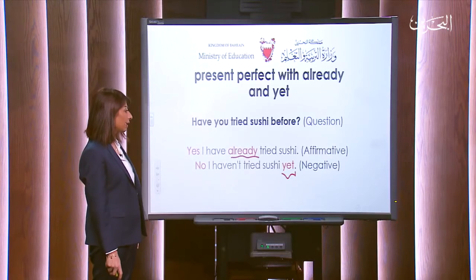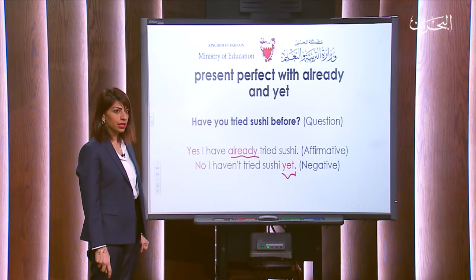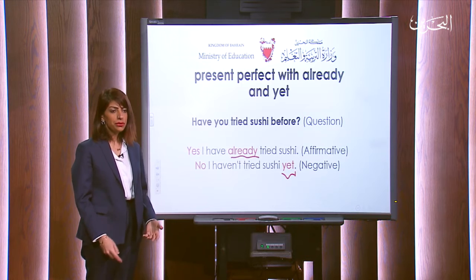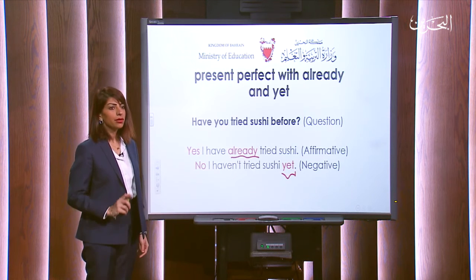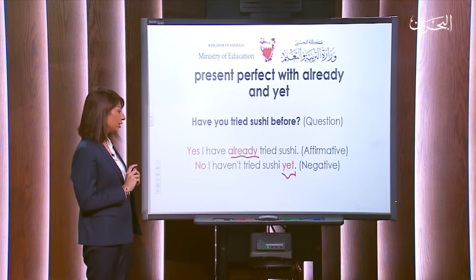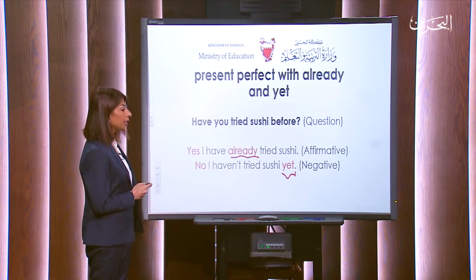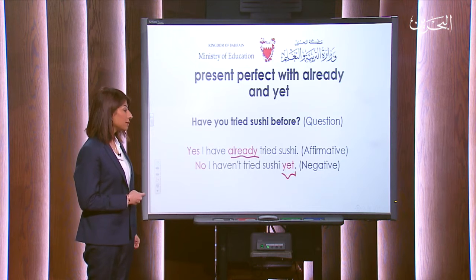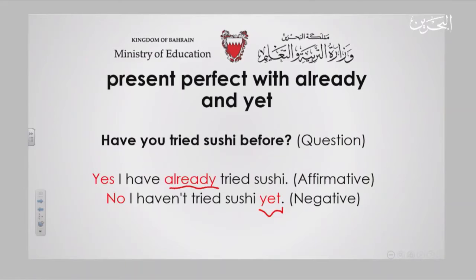So, when I use the word already in affirmative form, yes, I have already tried sushi, I'm sure you know or you use this word, but maybe you're not familiar with the usage of it. We're going to explain this in detail later. Let's see the second one in negative form. When I say, no, I haven't tried sushi yet. Again, I will explain this right now.